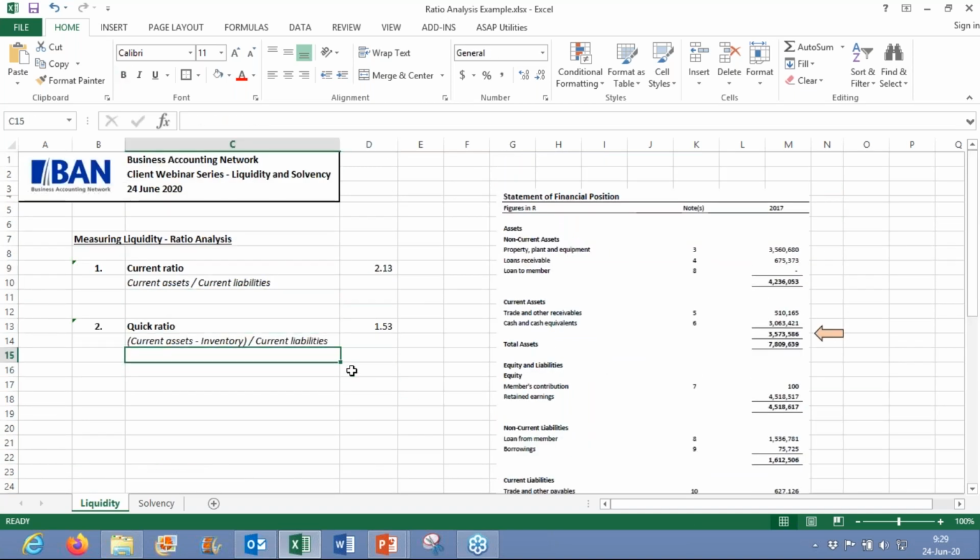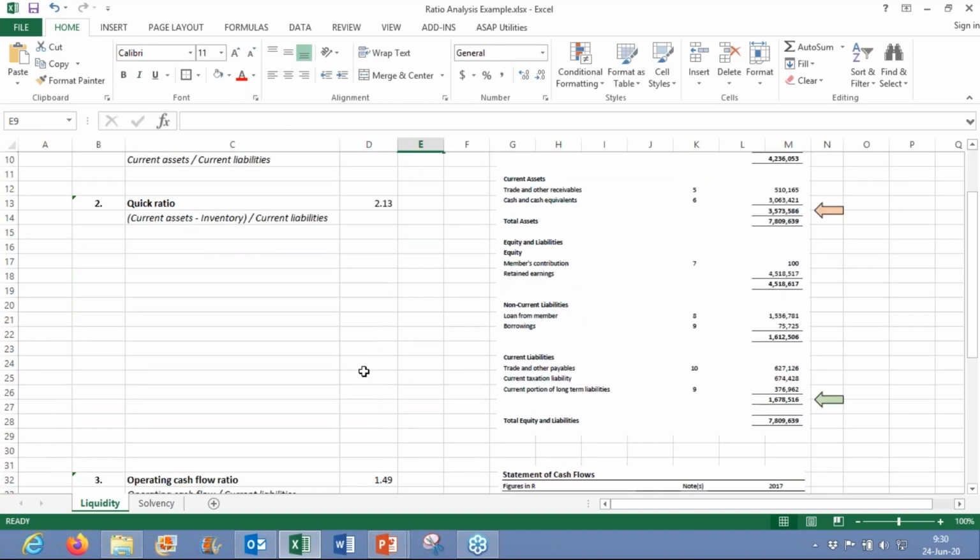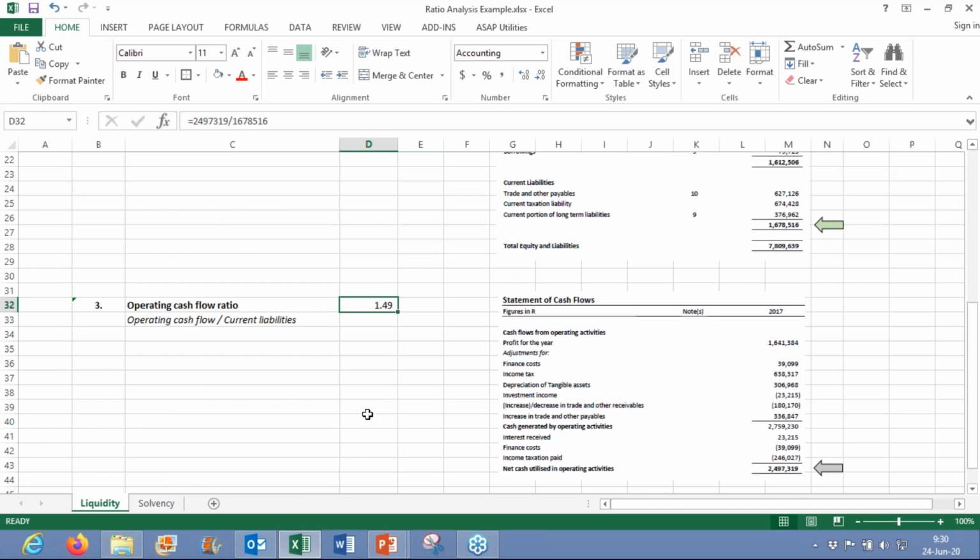Going back to our original example, their quick and current ratio both reflect a really nice, strong, healthy value for liquidity. And you can see that their cash is quite strong as well in terms of covering their current liabilities. So hopefully this example puts it into a much better perspective in terms of how the liquidity ratios are calculated and what they actually mean.